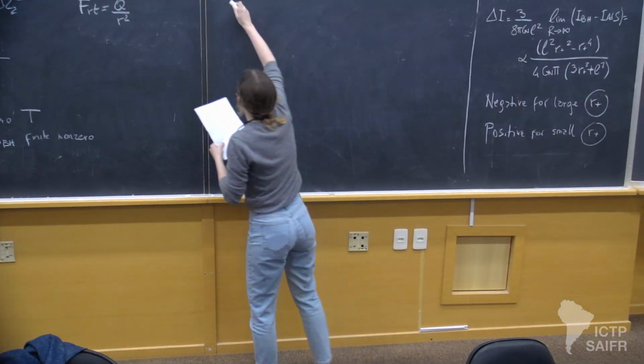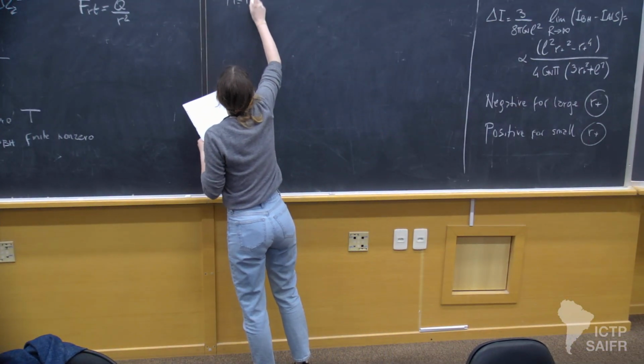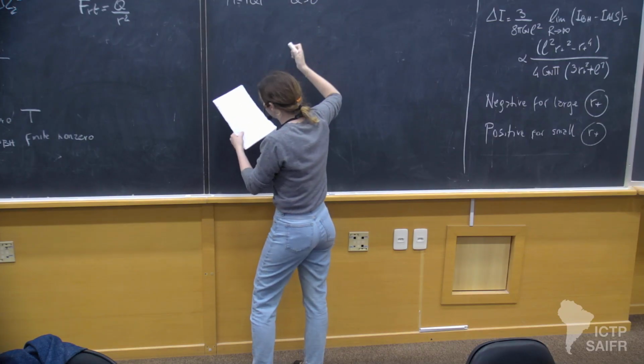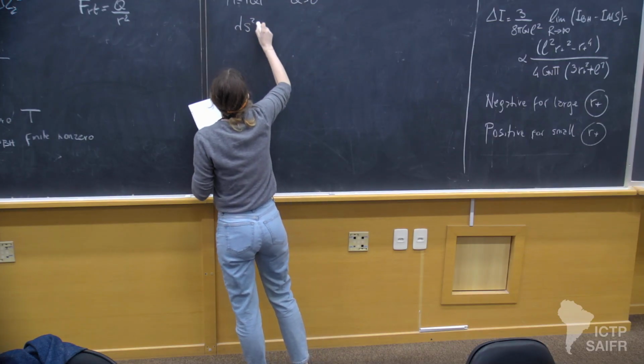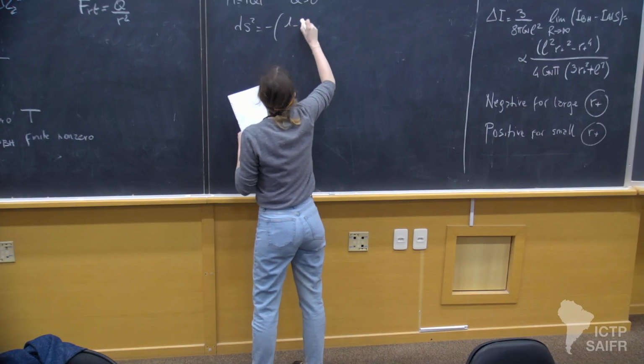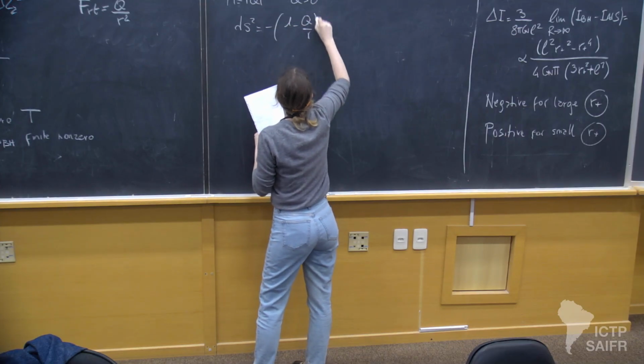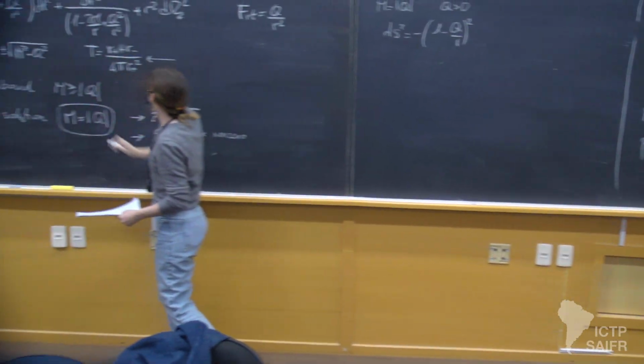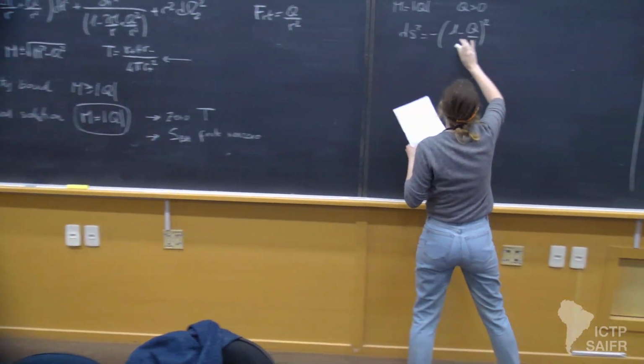So take M equals Q. Well, for the moment, we take Q to be positive just for simplicity. So the metric becomes this. It develops a square. So you're just plugging in the values here. You get a square here.